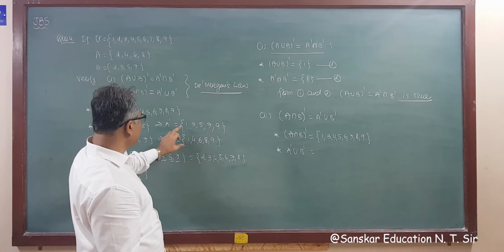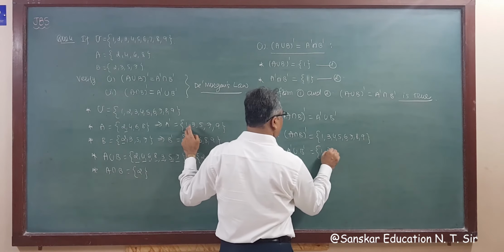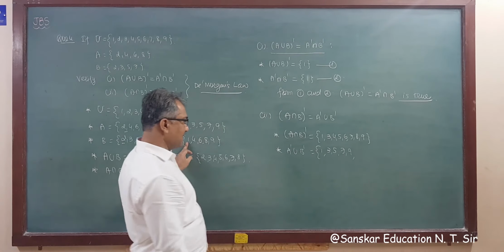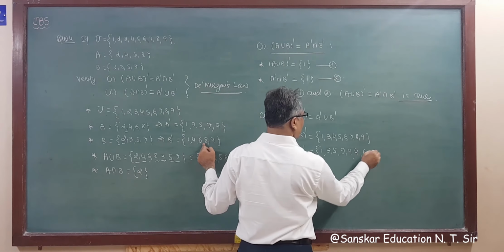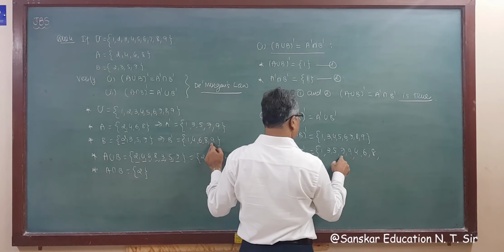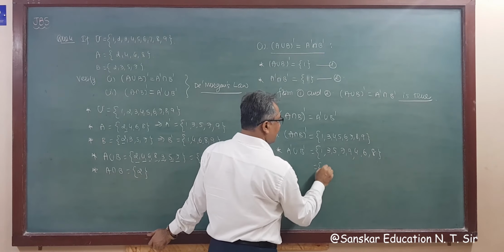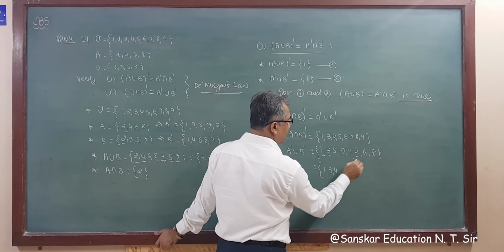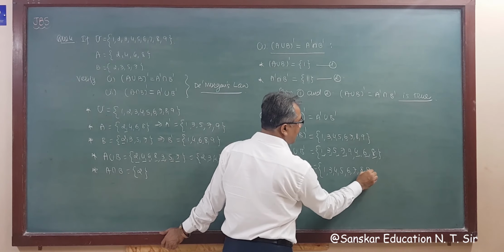So A dash union B dash is this. So if we write, this is 1, then 3, 5, 7, 9, and from this 1 is already there, no 4 is there, so we have to write 4, no 6, no 8, 7, 9 is there. So if we rearrange, then we get 1, then 3, then 4, then 5, then 6, then 7, then 8 and 9.